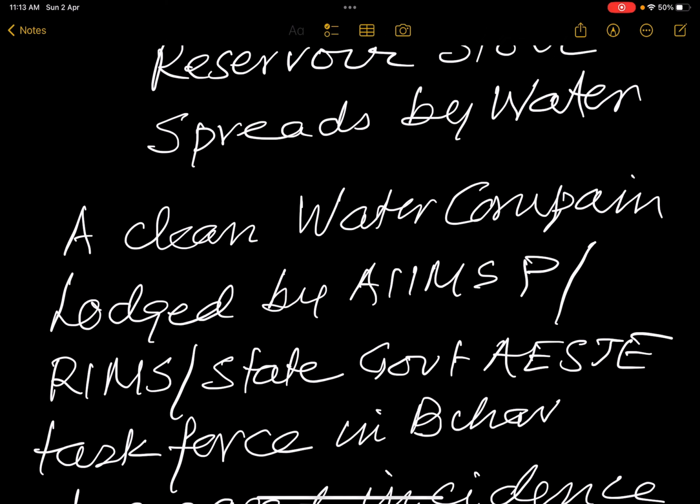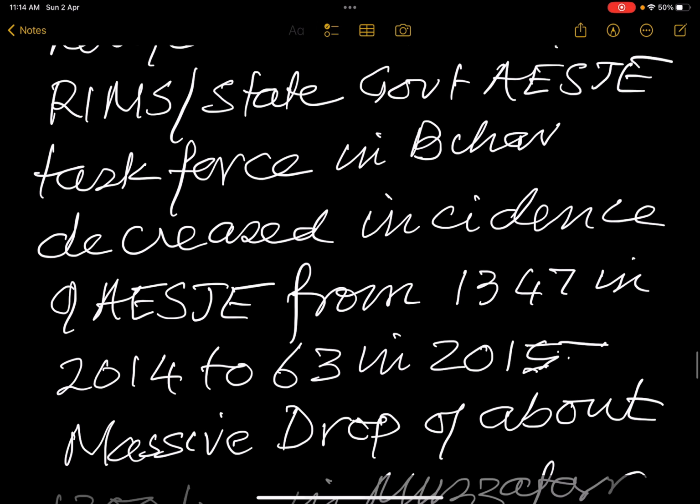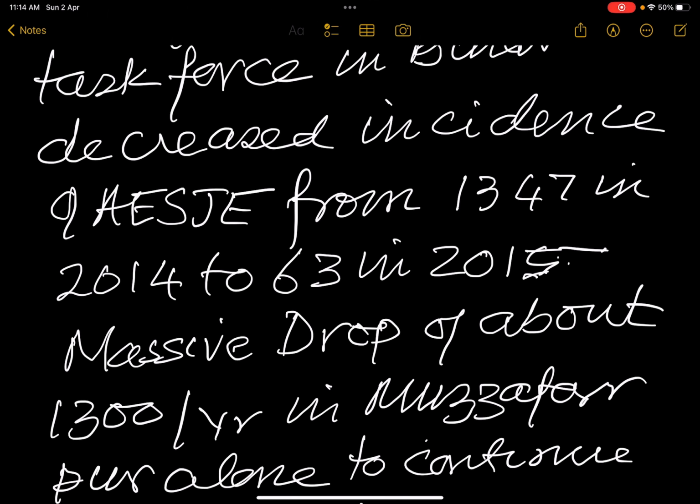Based on this, a clean water campaign was launched by AIIMS Patna, the regional research institute in Bihar, and the state government AES/JE task force. It decreased the incidence of AES/JE from 1347 in 2014 to 63 in 2015 in the district of Muzaffarpur.